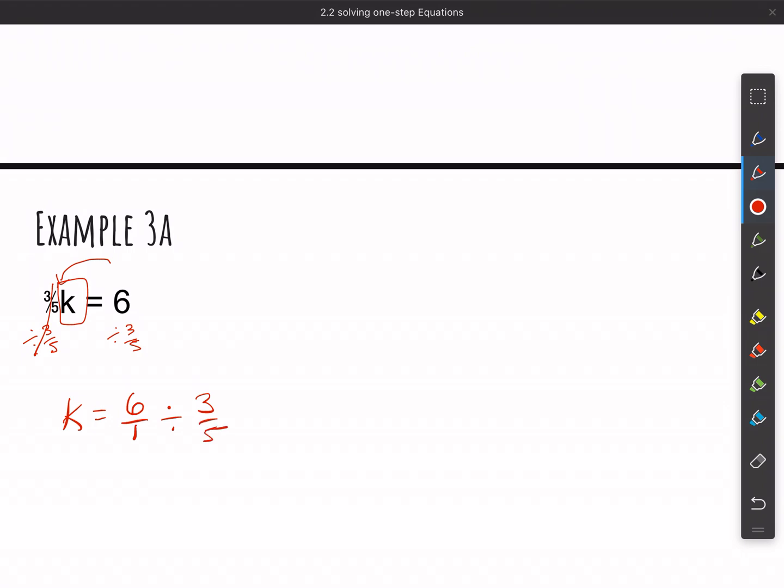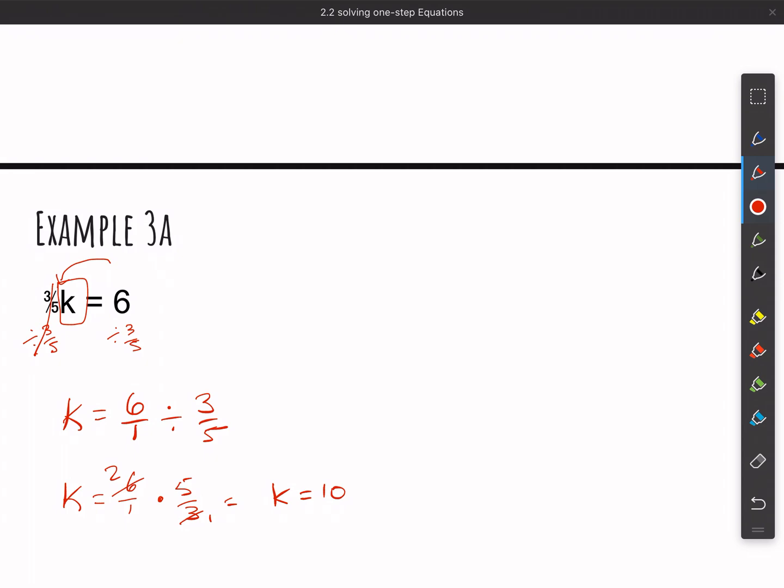But again, going back to our rules, when we're dividing by a fraction, we really are flipping things and multiplying. So k is equal to 6 over 1 times 5 over 3. Then I can do a little bit of simplification here, and I get k is equal to 10.